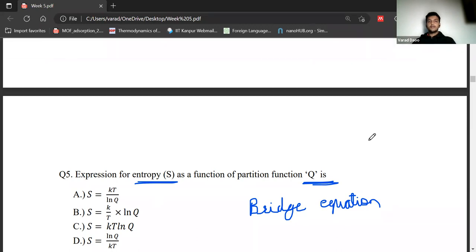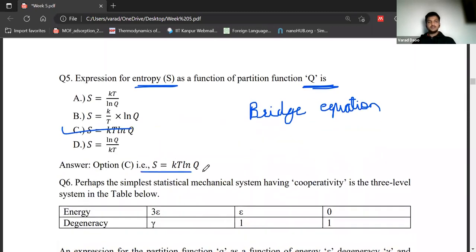Anybody got it? Yes, the correct answer is option C, right? It's nothing but the bridge equation, for N, V and T.